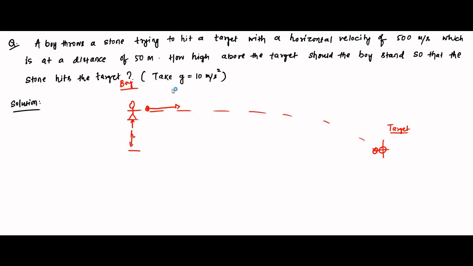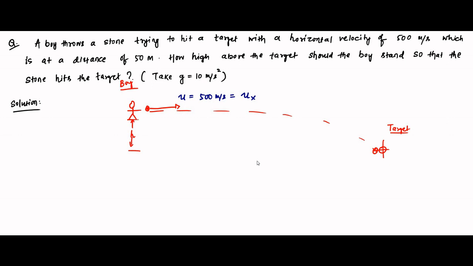So here it has been given the horizontal velocity is how much? This is equal to 500 meter per second. As it is horizontal, we can write it as ux, the x component of the initial velocity. Then the horizontal distance between the boy and the target is equal to 50 meter.